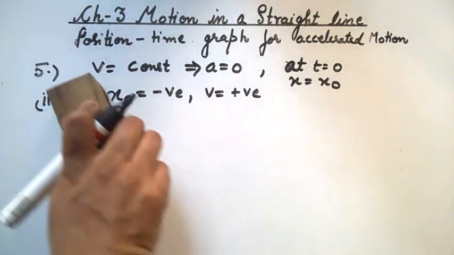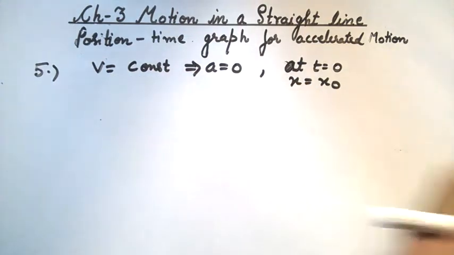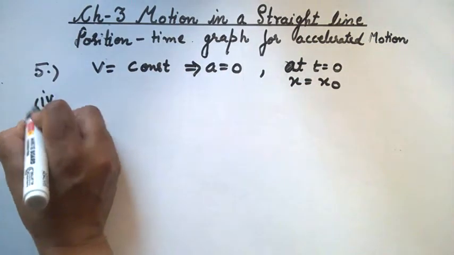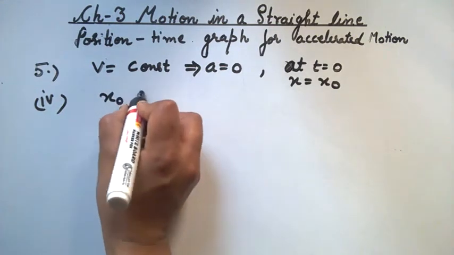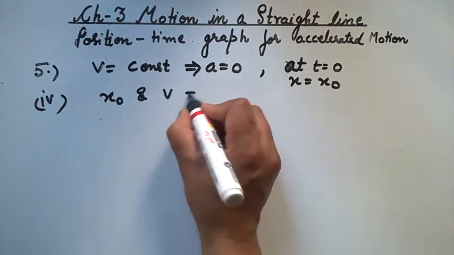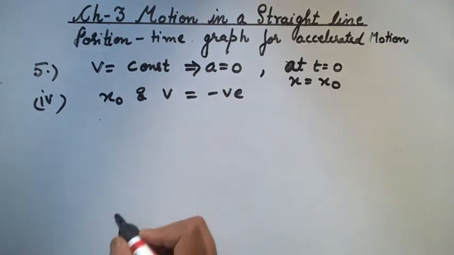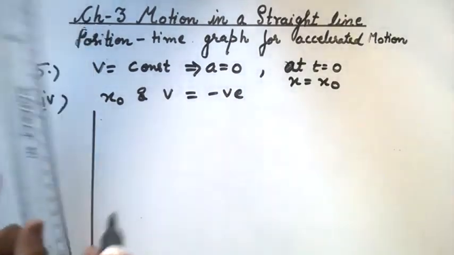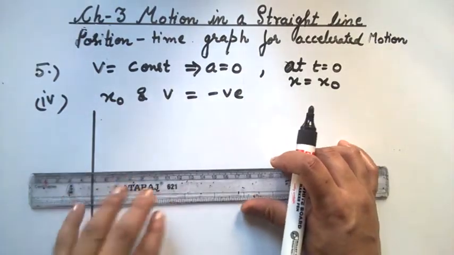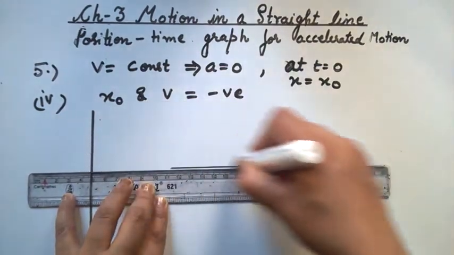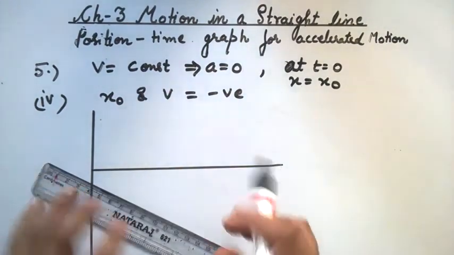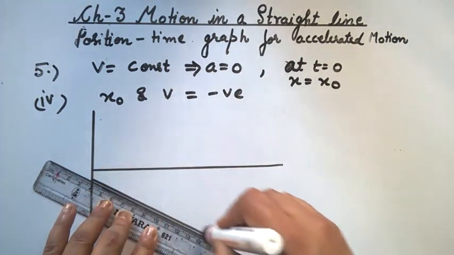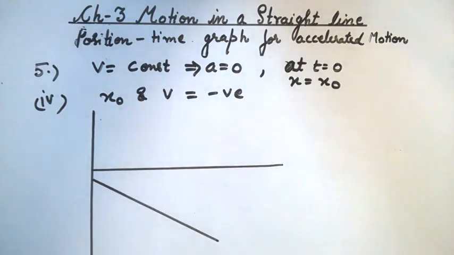Fourth case: when both position and velocity are negative. The graph is in this way.